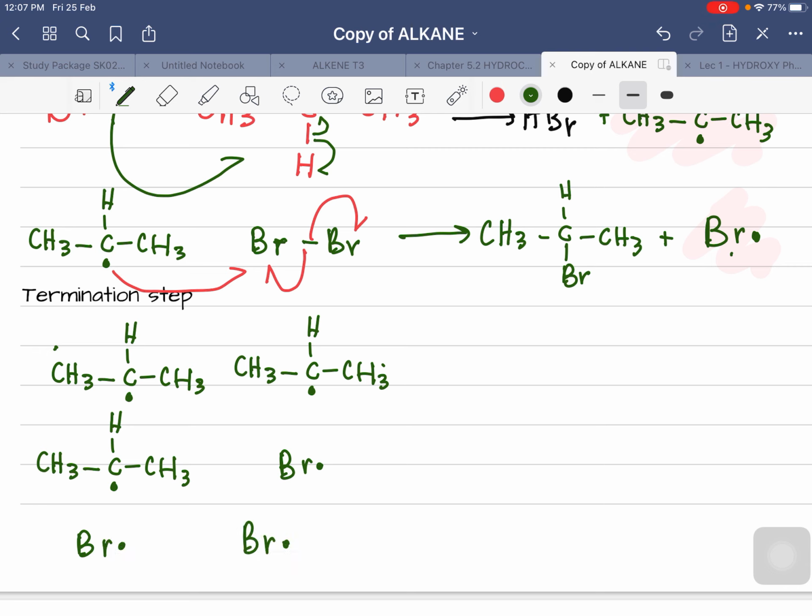To make a bond, we show the arrows, both arrows meeting together. When they meet, they form a new bond.